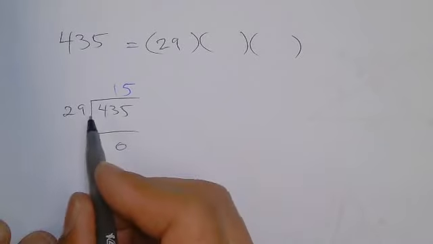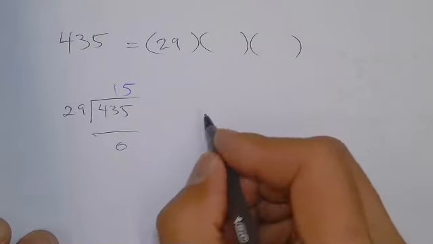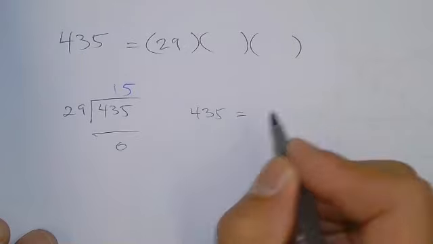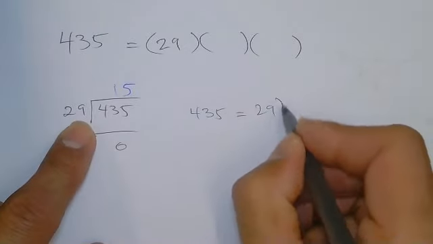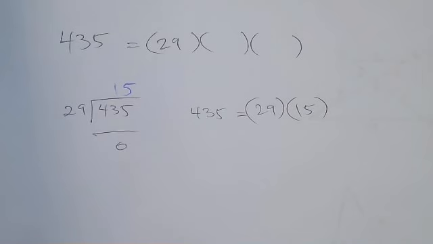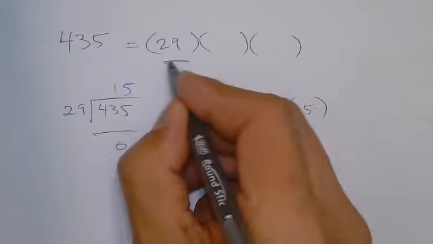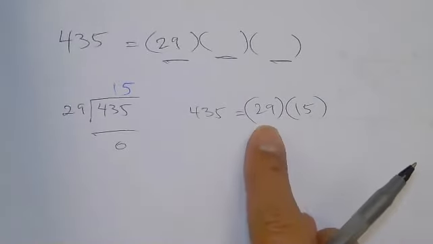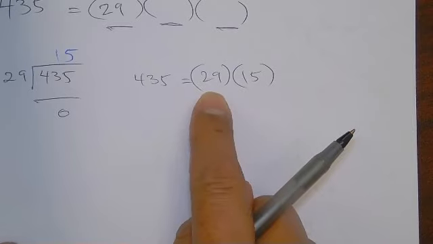What does that mean? That means that 435 can now be written as the product of what? Well, 29 times 15. Isn't that what we've been doing with polynomials? But I just told you that this one has three prime factors. I know I can't break down 29 anymore.